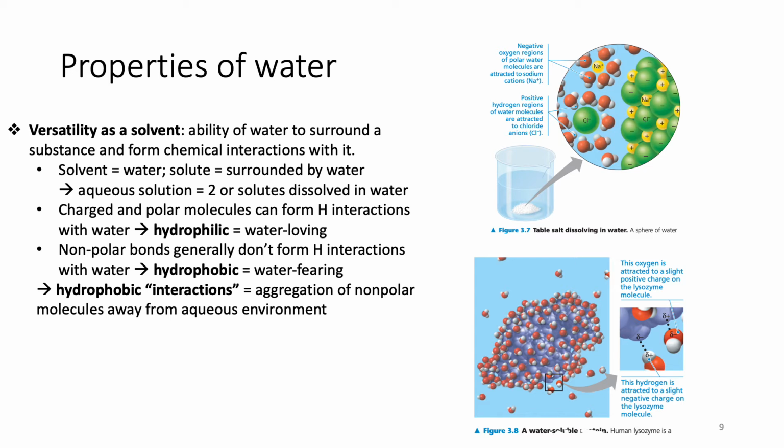The textbook calls this the hydrophobic interaction, but I would caution against the term interaction in this context, because interaction makes it sound like the nonpolar groups are actively binding to each other, but in reality they're not. A hydrophobic interaction is actually caused by the exclusion of nonpolar substances by water molecules. And so it's more of a reaction to being around water than an active binding and bonding activity.